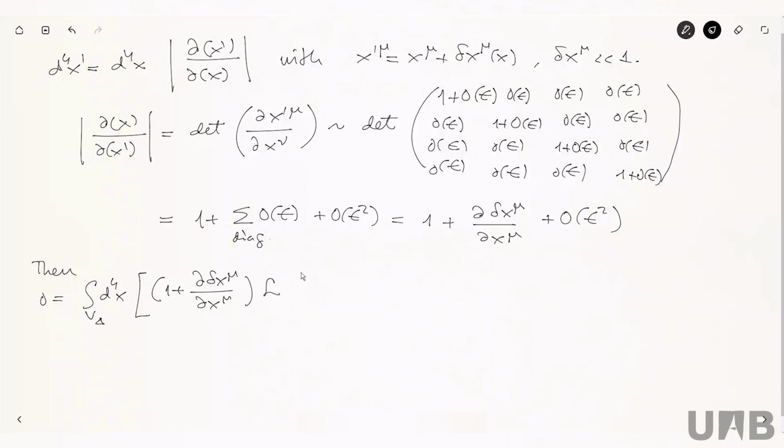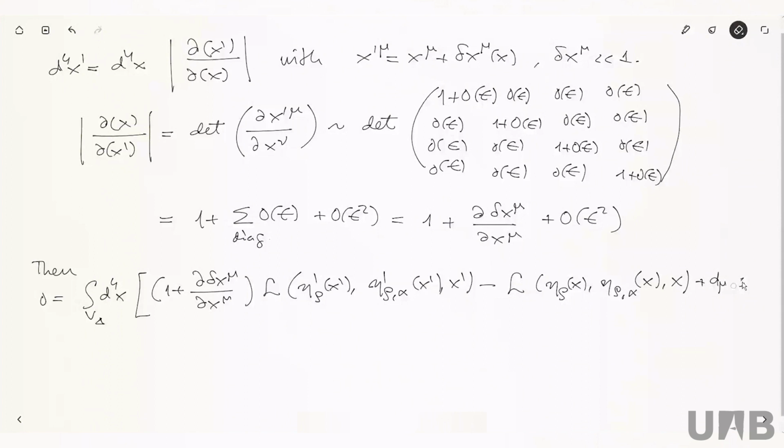And then comes the Lagrangian, eta prime function of x prime, eta prime derivative with respect to x prime and also x prime, minus L of eta, derivatives of the field, and plus d mu omega mu. This term is also there.